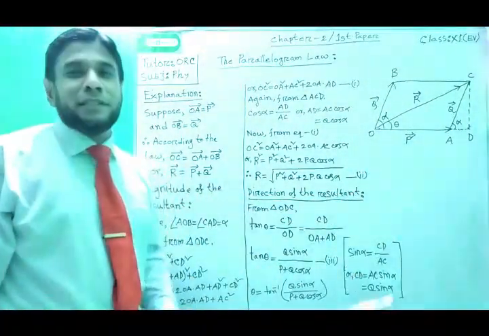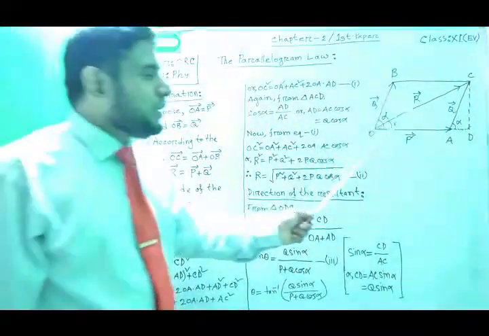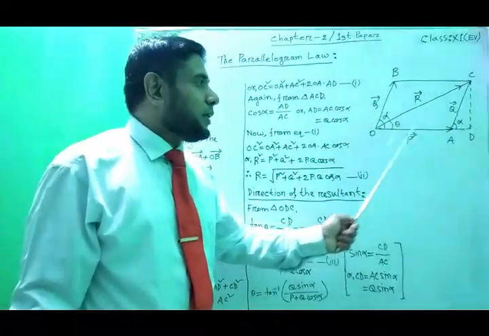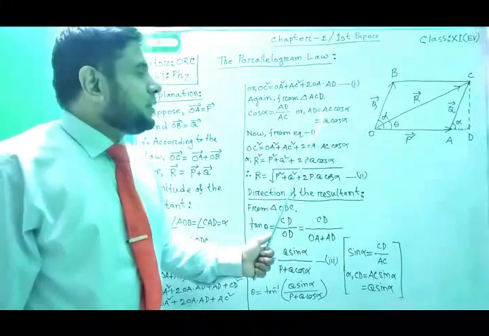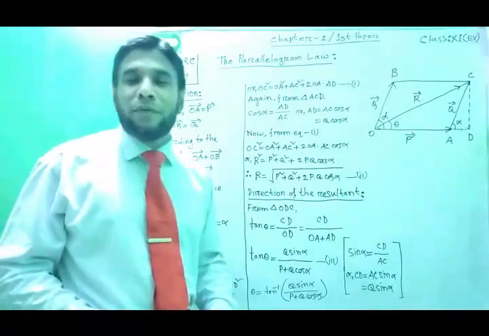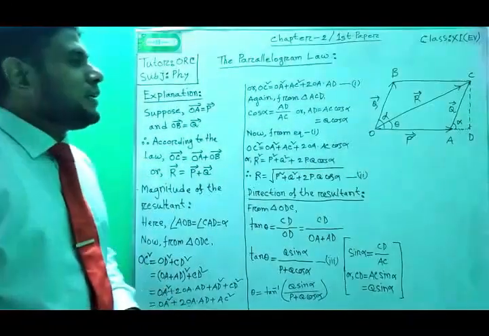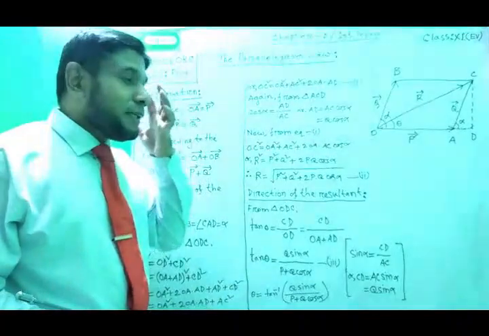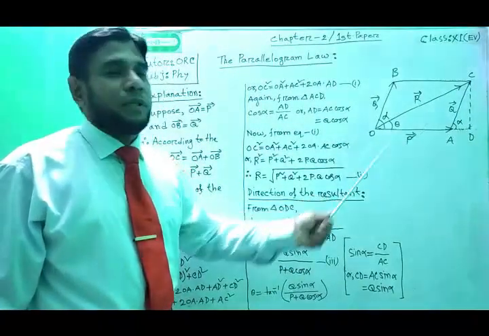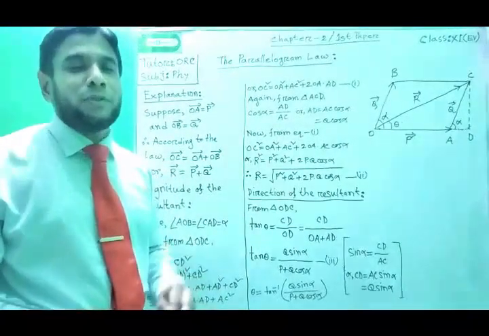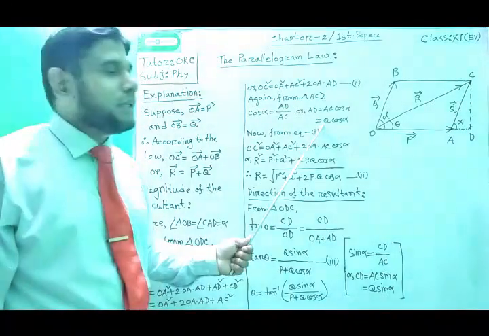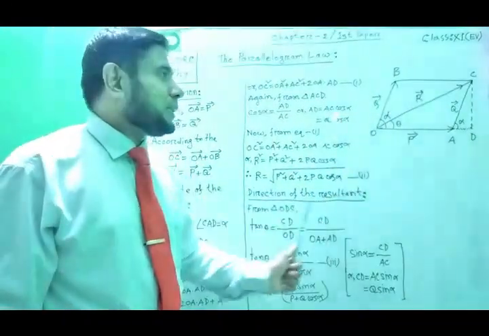At times a student says, sir, in this figure the arrow sign is given on vector Q, but why have we not given the arrow sign? Here vector Q is a vector quantity which indicates both magnitude and direction, but here we will find out the magnitude. This is why we have not written the vector sign.